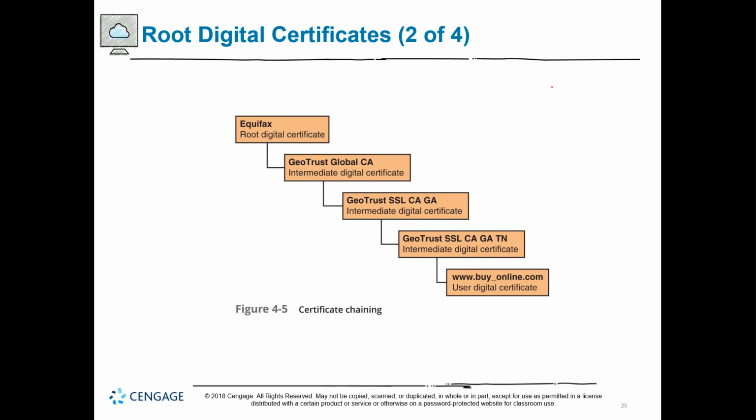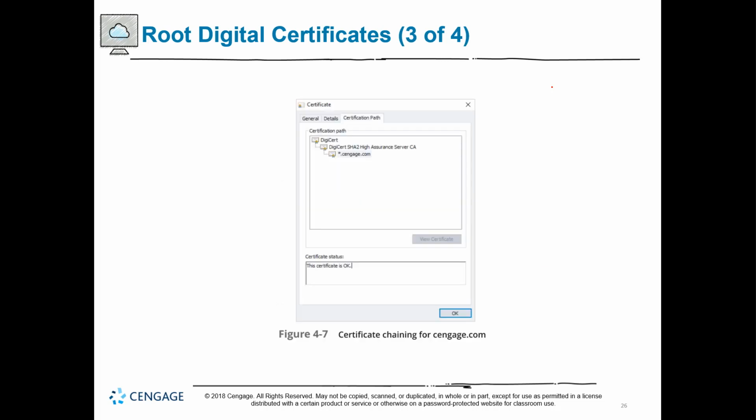When we go to the actual domain, buyonline.com, we get a user digital certificate, but that user digital certificate has a chain showing the trust model, showing the trust. And here was an example of our certificate path.